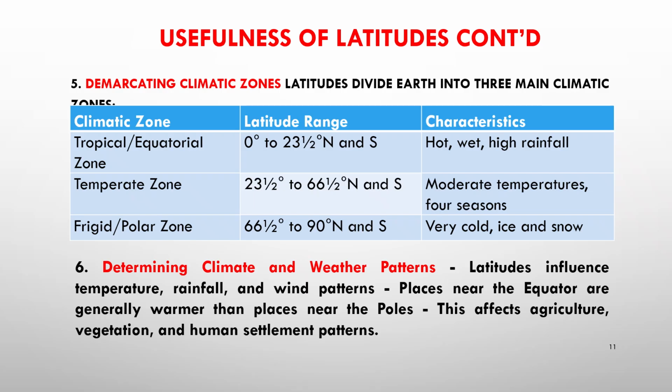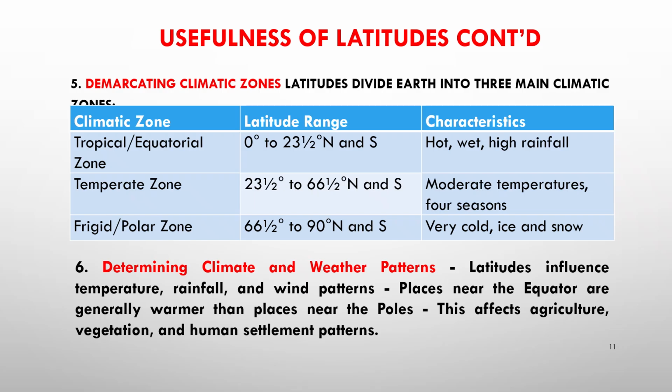So, why do latitudes define these zones? The reason latitude defines these climatic zones is because of the angle at which the sun's rays strike the Earth's surface. So we have looked at how near the equator the sun's rays are nearly perpendicular to Earth's surface, so they deliver maximum energy.